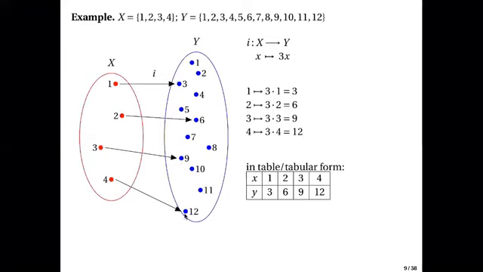Therefore, this relation I is actually a function. So it satisfies both conditions. Each element of the set X must be mapped to a unique element in the set Y. Question?